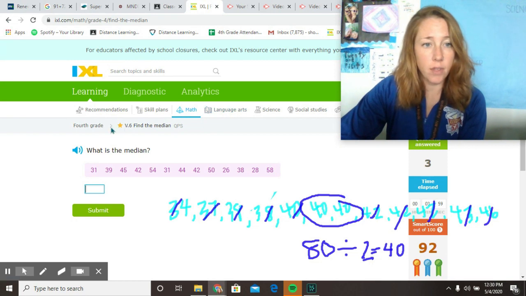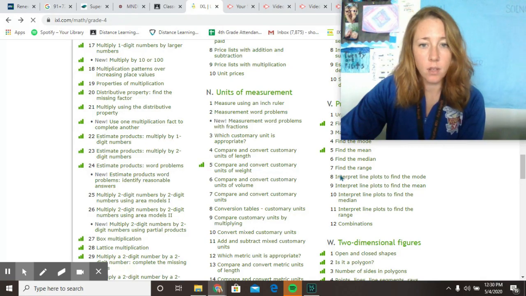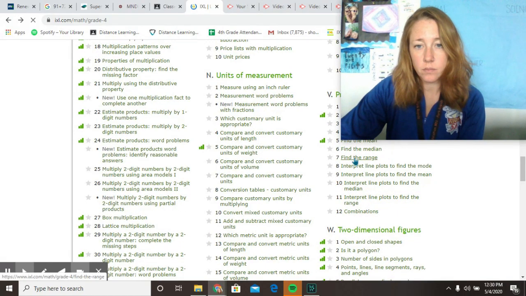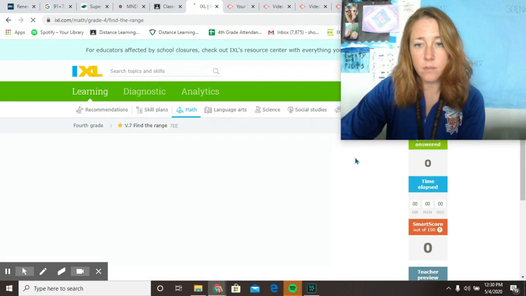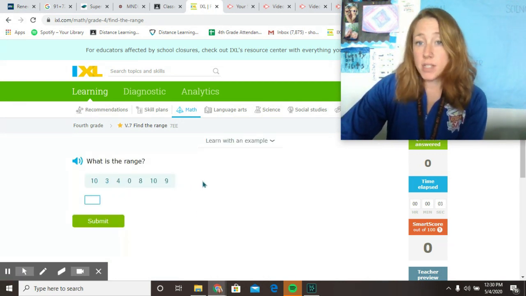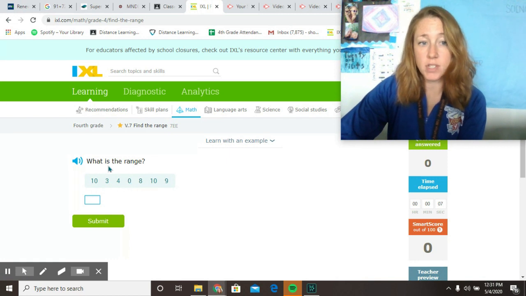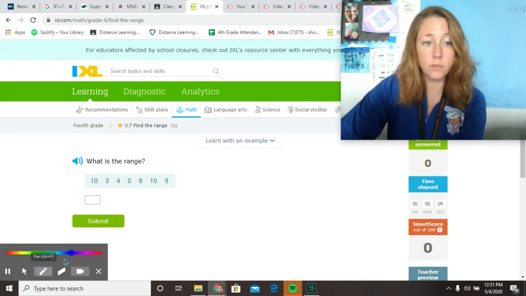Let's try the range. So remember, you always find the smallest number, which here is 0, and my largest number, which is 10. You can even do this in your head.